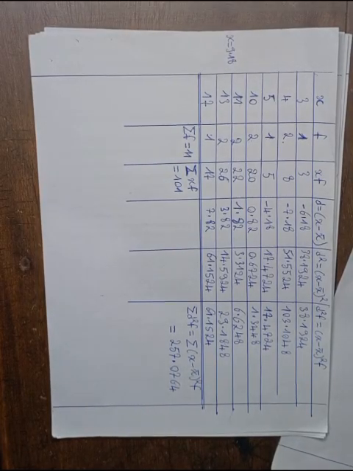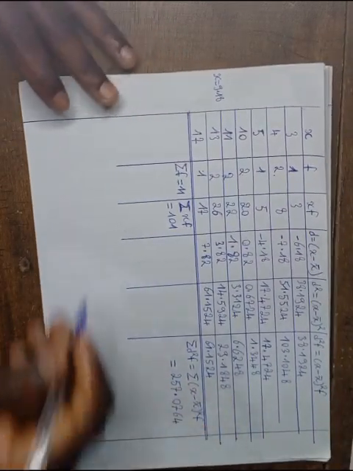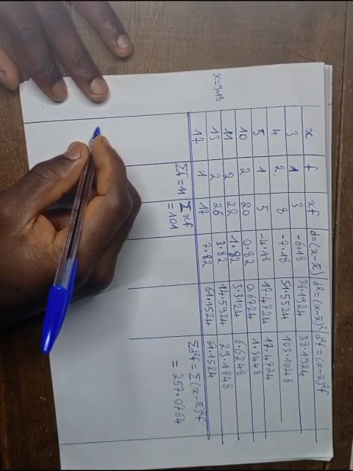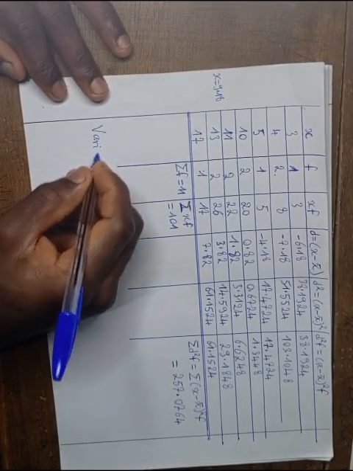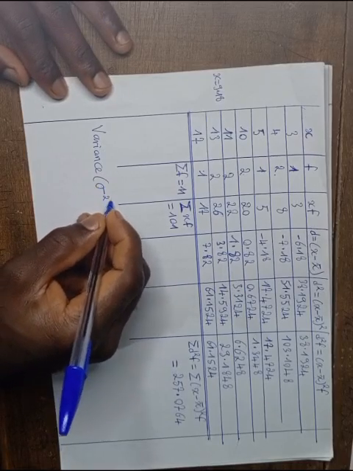Now we can proceed to find the variance. You know the variance is denoted by using this symbol sigma squared.